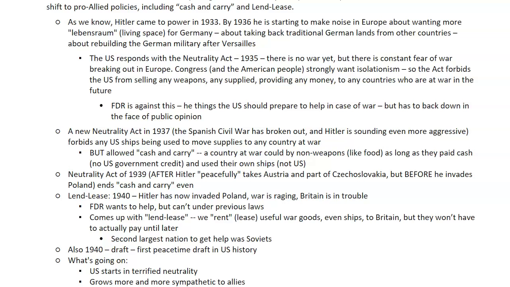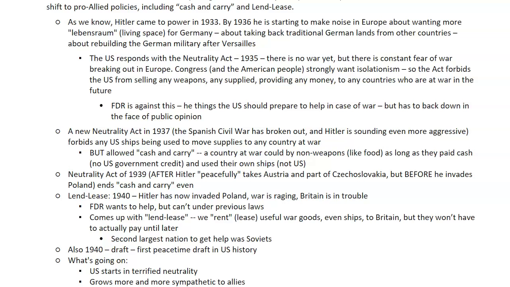Okay. So let's start in Europe. As we know, Hitler came to power in 1933. You may remember that from Global. He becomes Chancellor of Germany. He's not making war yet. 1933, nobody's at war with anybody, and he is not yet engaging in mass executions. He's just a kind of pain-in-the-neck politician.